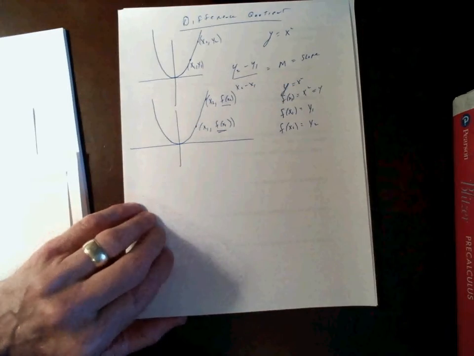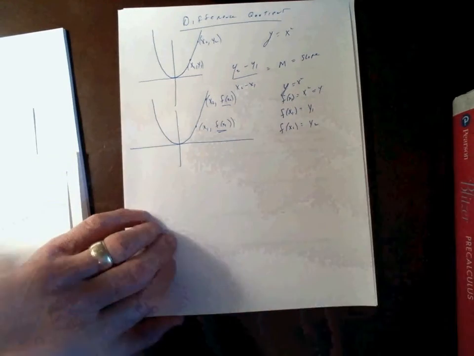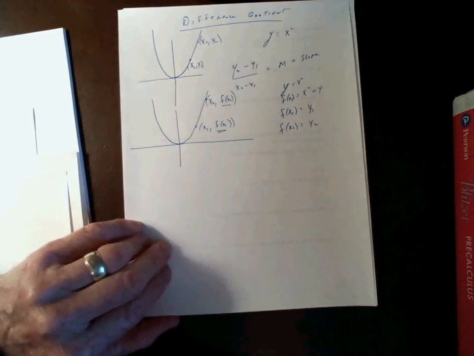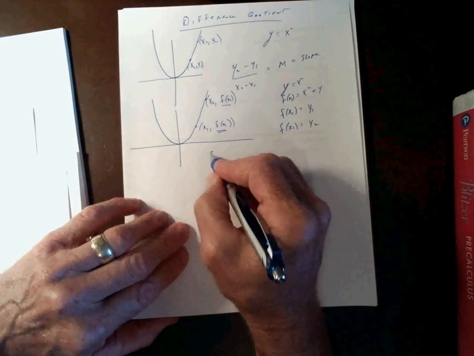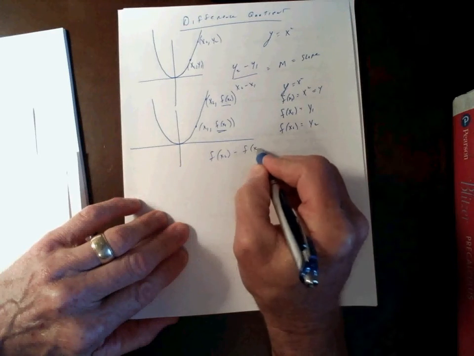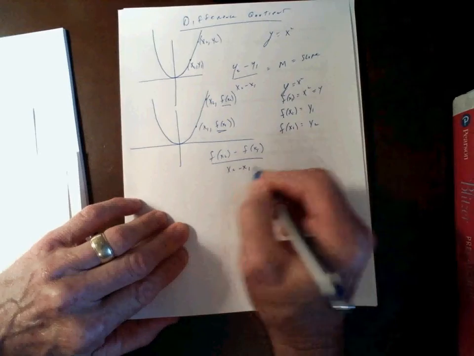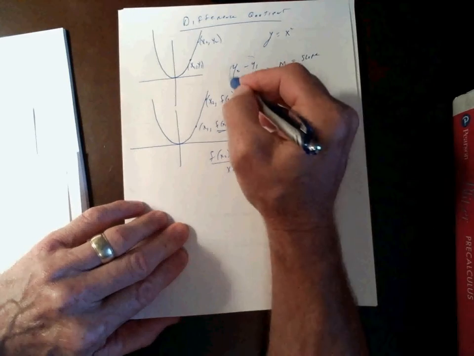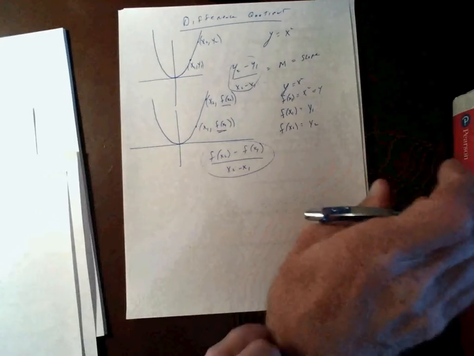F at x1 represents y1 and f at x2 represents y2. If I want to describe the slope between those 2 points, this would be f at x2 minus f at x1 all over x2 minus x1. Again, isn't that the same as this? They are identical to each other. They're just using fancier terminology.